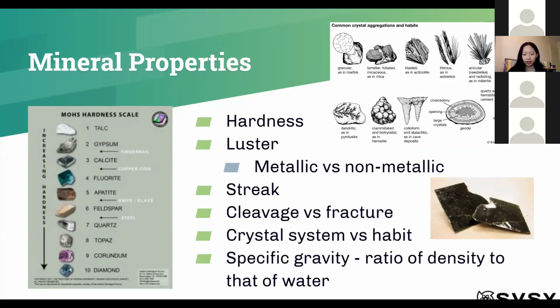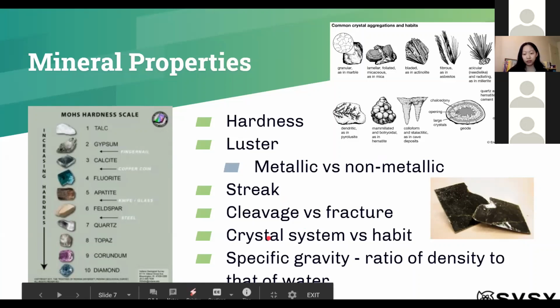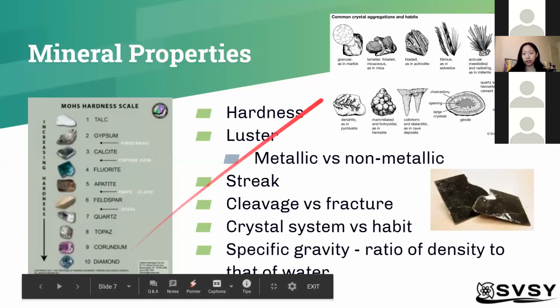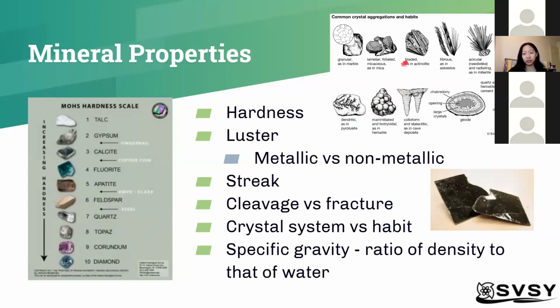Okay. And next I'll be going over crystal system and habit. If you remember from earlier, these are the crystal systems. They're how the crystals would grow normally. And over here are the crystal habits. I'm not going to talk about each one in detail, but feel free to take a look at it. Crystal habit is how the mineral outwardly looks.